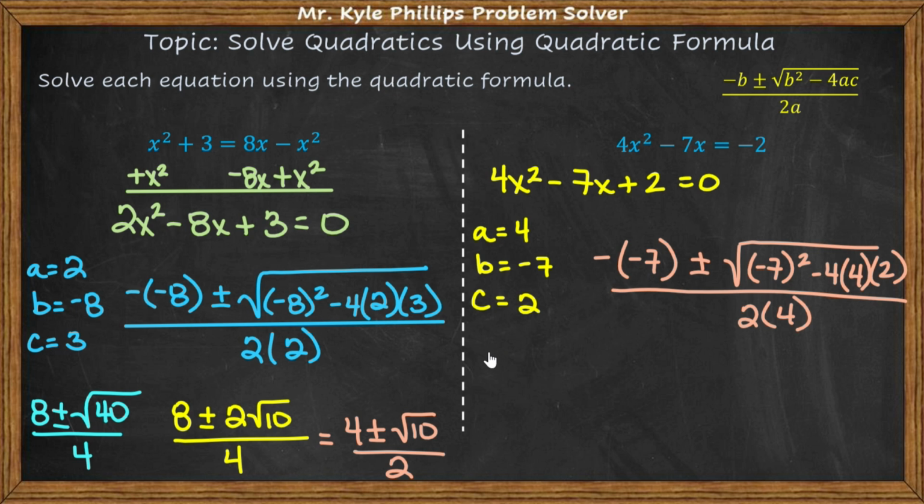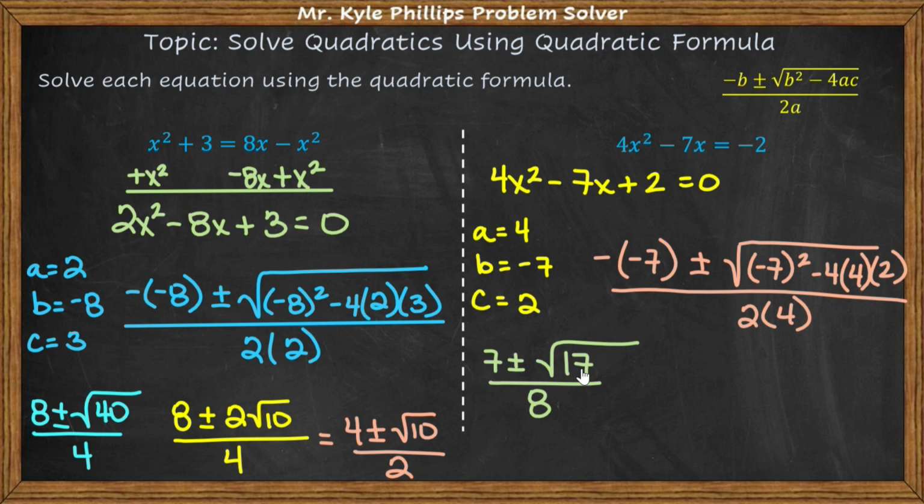Negative times a negative gives me a positive 7 plus or minus the square root of negative 7 squared is 49. Negative 4 times 4 is negative 16. And negative 16 times 2 is negative 32. So I have 49 minus 32, and that's going to give me 17. And this will all be over 4 times 2, which is 8.